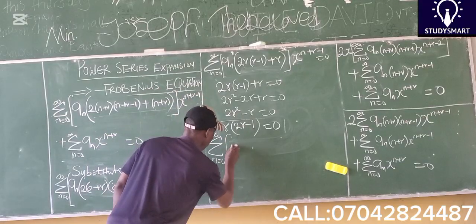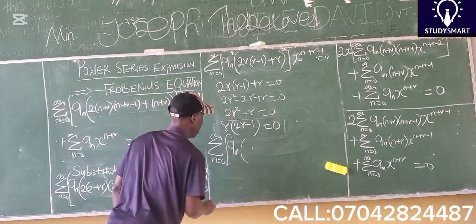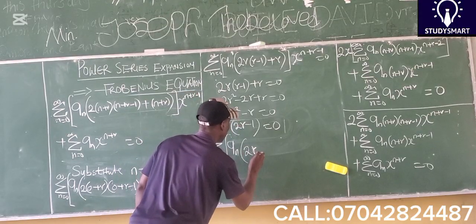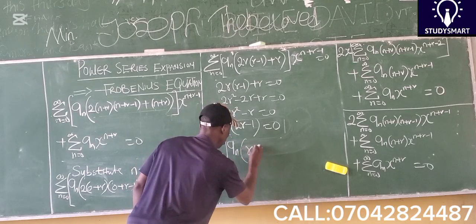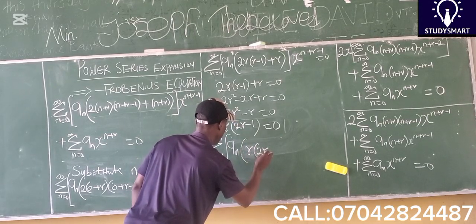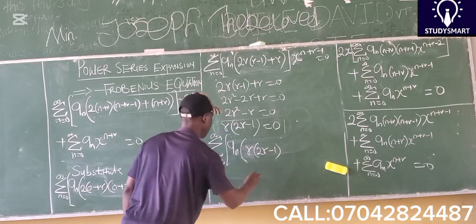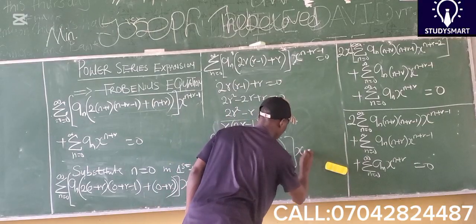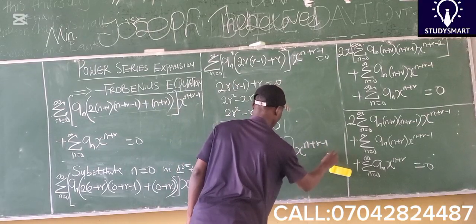An into this whole expression now. I'm going to have r into 2r minus 1, then I have outside x to power n plus r minus 1 equal to 0.